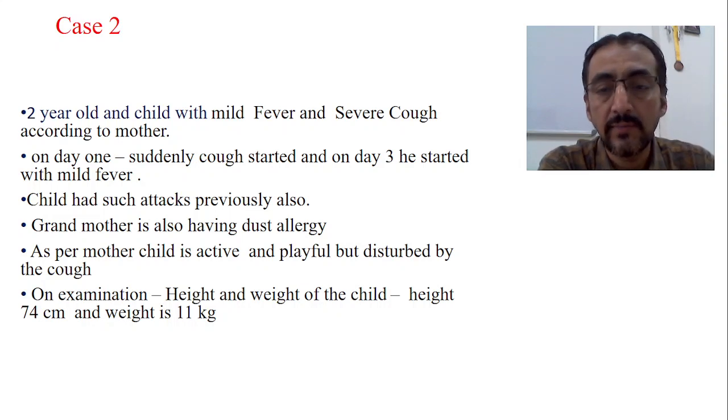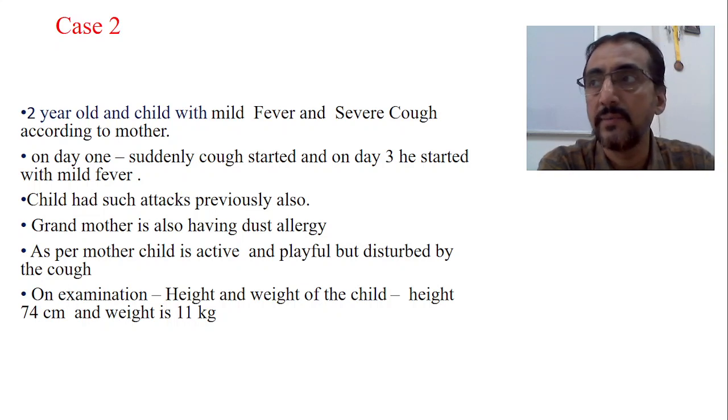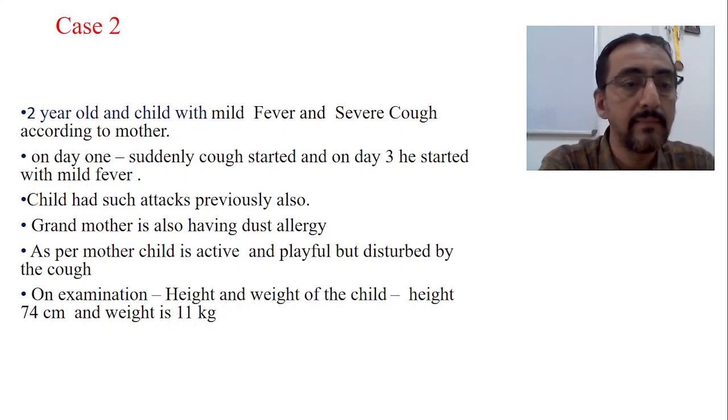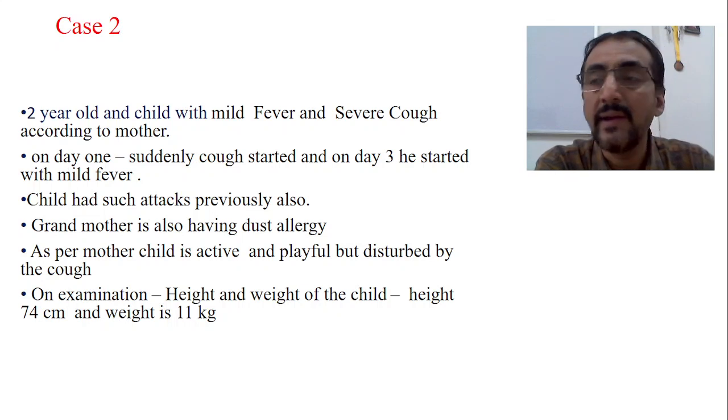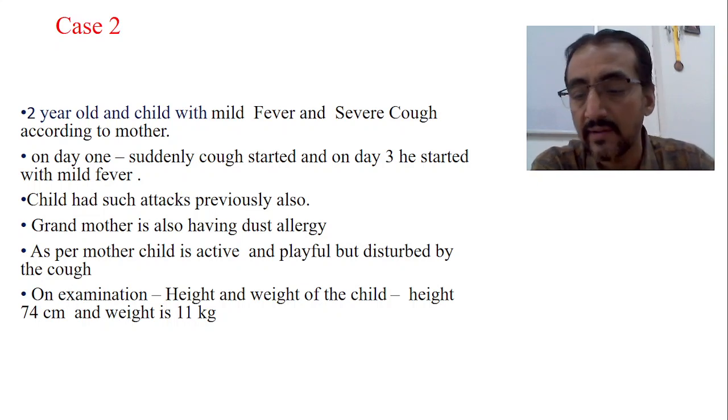So height may not be up to the mark. Maybe 50 centimeter of height at the time of birth, and 25 centimeter increase. And weight is 11 kg. Weight for a 2-year-old is also a little less. Okay, it's okay. Let us see what the case is.